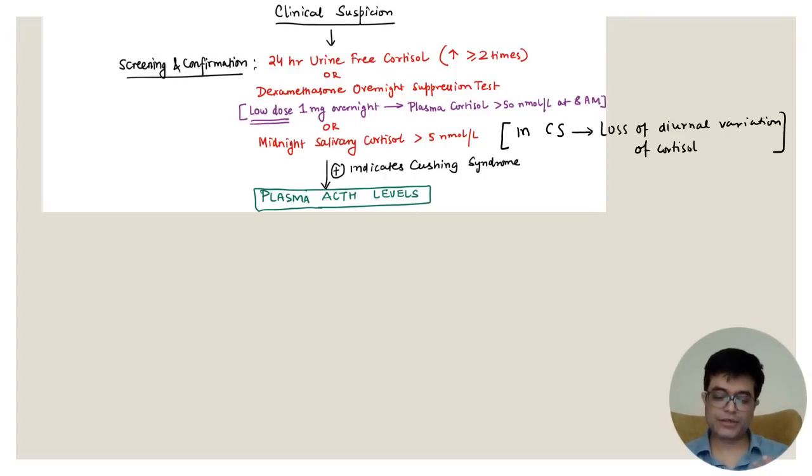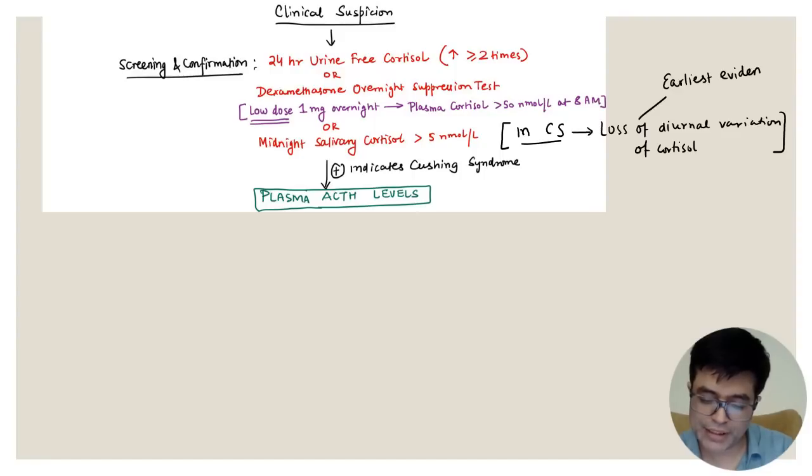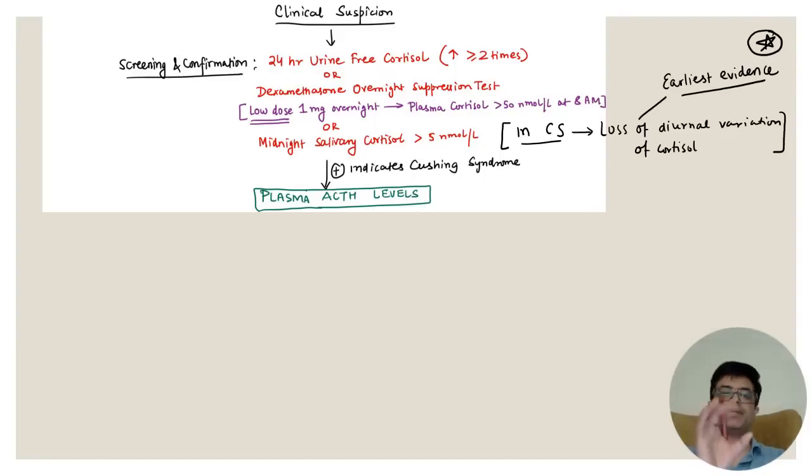But in Cushing syndrome patients, they will always be elevated, and when you check the midnight level between 12 to 3, normally the levels are low, but if the circulating levels are found to be high, that is again an early clue. In fact, this is considered to be the earliest evidence biochemically that the patient is having Cushing syndrome. So the examiner can just ask you which is the earliest evidence: there is a loss of diurnal variation of cortisol.